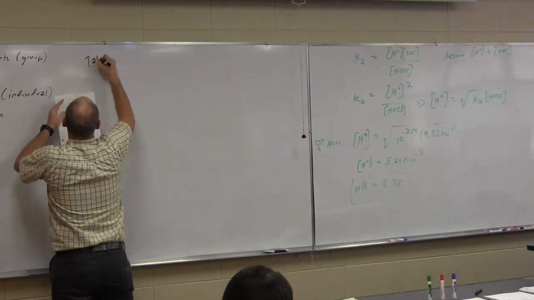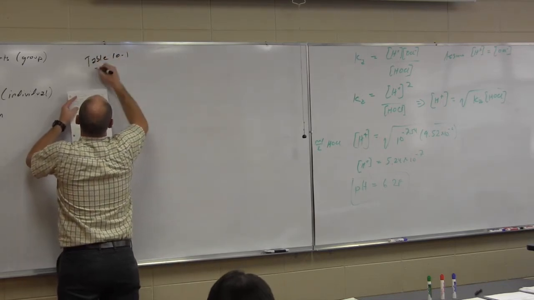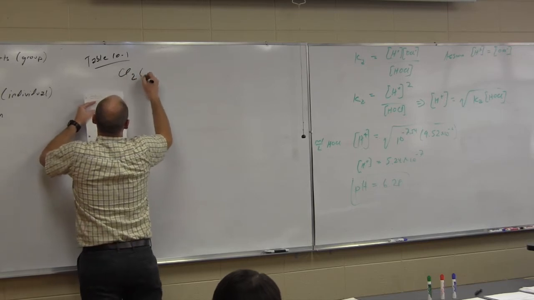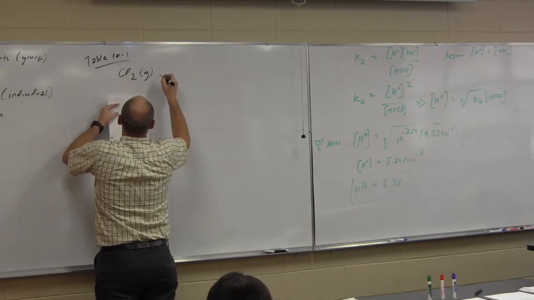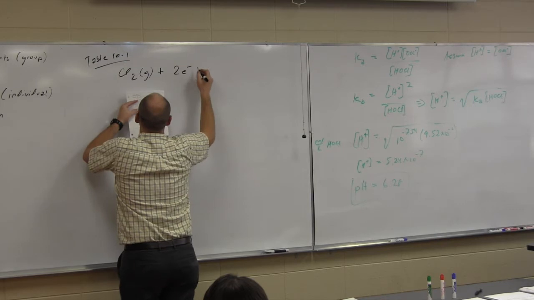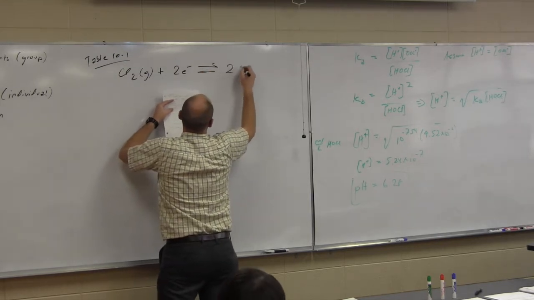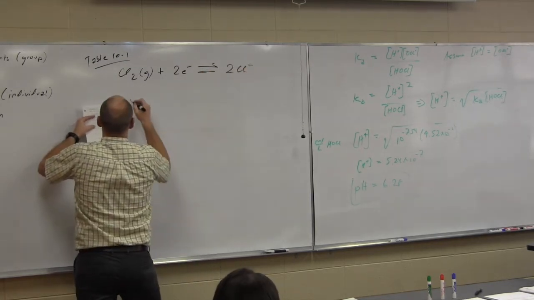Okay, so in table 10-1, Cl2 gas plus 2 electrons gives you 2 Cl minus.